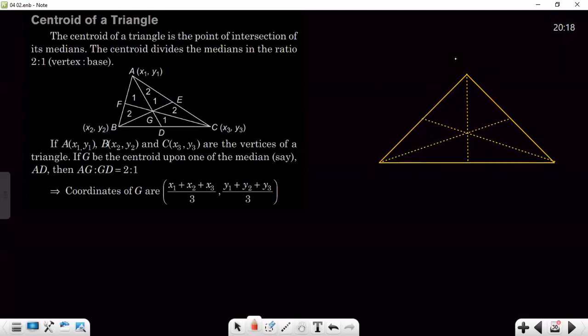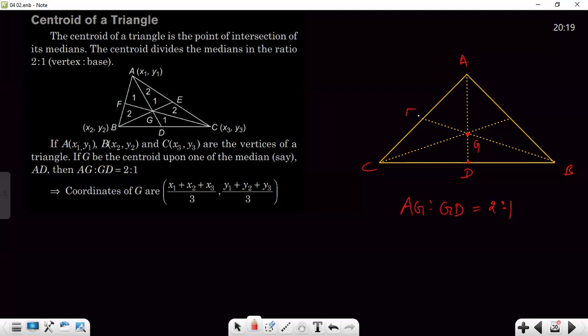Let's say A, B, C. Let's call this point D. So in AD, let's call this point G, because G is commonly used for centroid. So here AG by GD will follow a ratio of 2:1. And that's the same with all the medians.